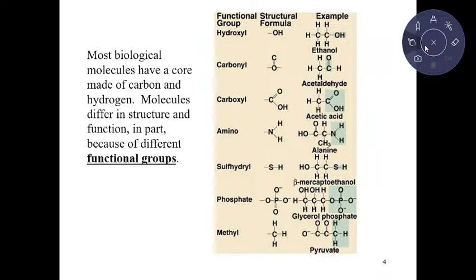If we take glycerol phosphate, it has three carbon atoms, and for one carbon the phosphate group is attached. You can see here, right? Next, the methyl group.